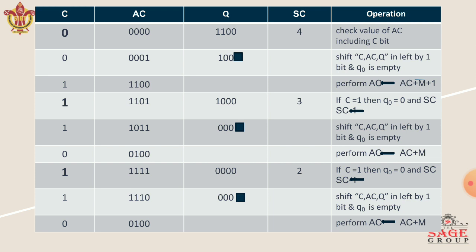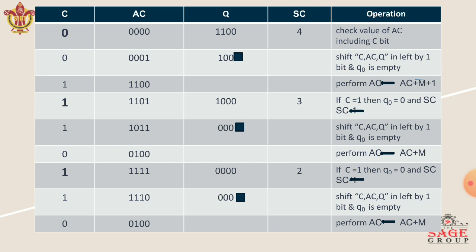We put the initial values: C equal to 0, AC equal to 0000, Q equal to 1100, and SC initial value is 4.